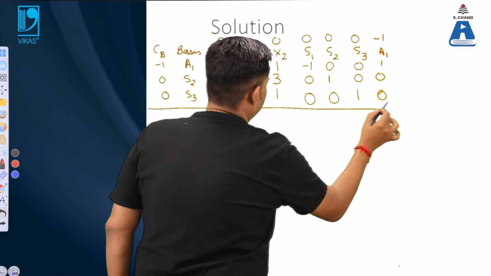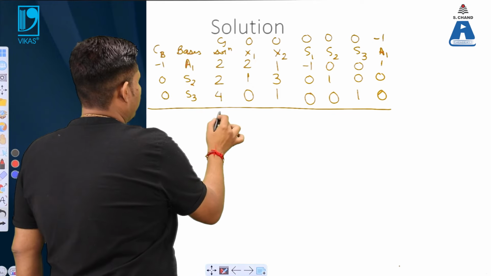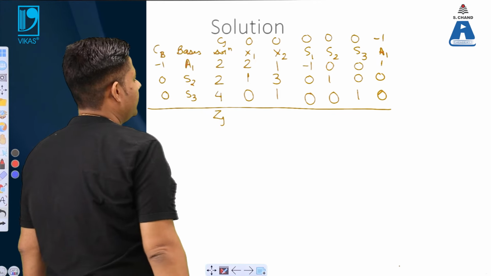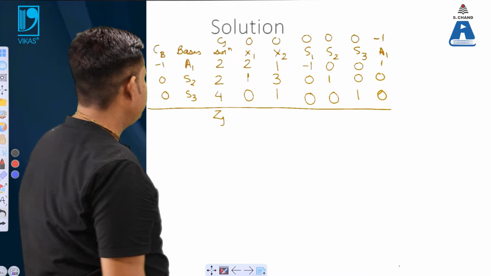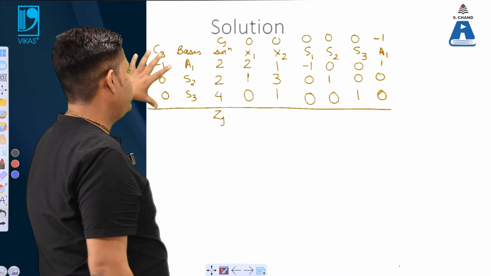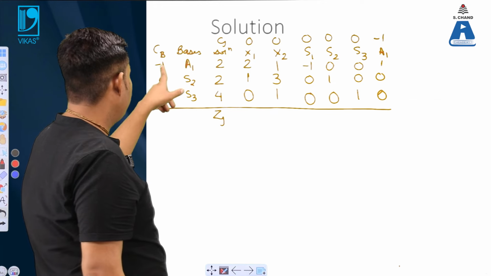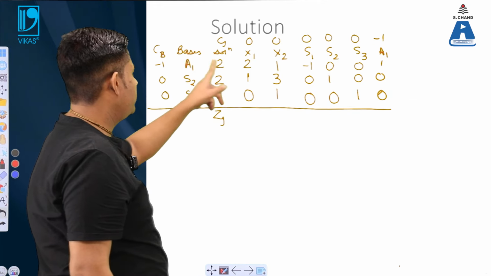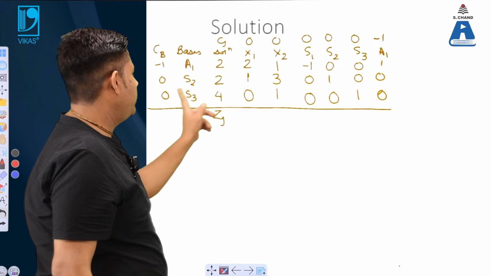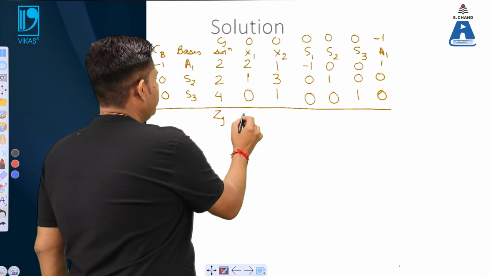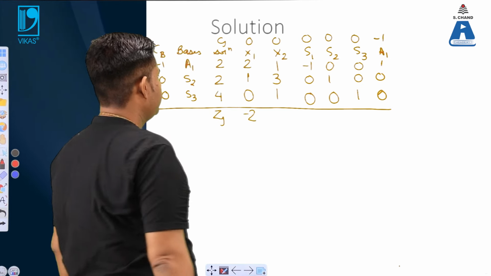Now you have to put a line and you have to write here Zj. So what is Zj? Zj is the sum product of the CB elements and the elements of this column. So you need to use the product of the two: minus 1 into 2 plus 0 into 1 plus 0 into 0. So you have this minus 2 here.